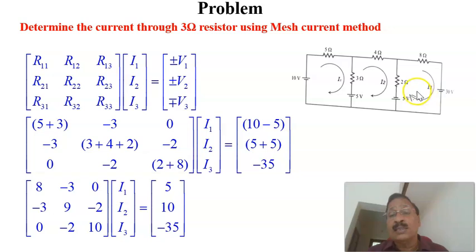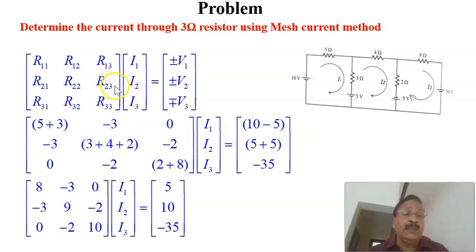Similarly, for the third mesh, the diagonal element R33 is equal to 8 ohms plus 2 ohms, therefore 2 plus 8. Like that, we are finding the diagonal elements R11, R22, and R33.